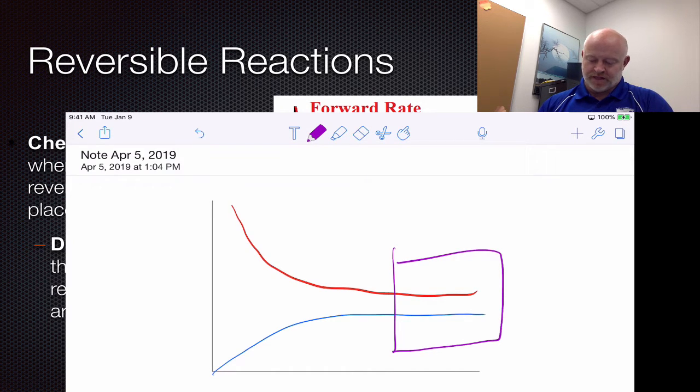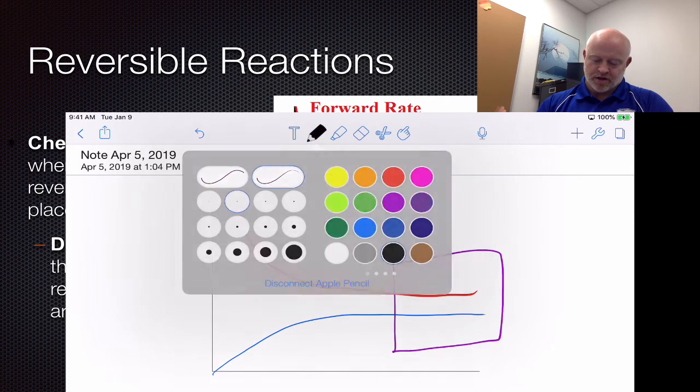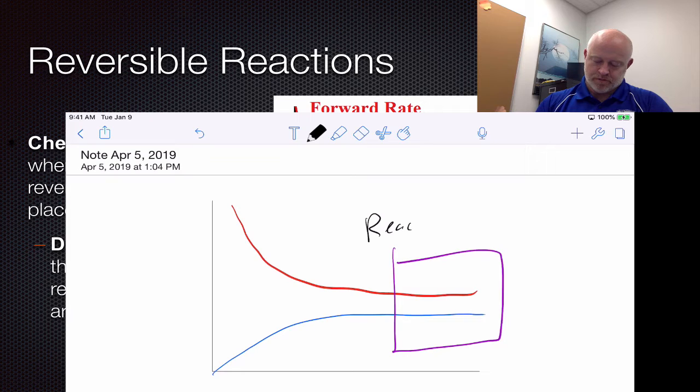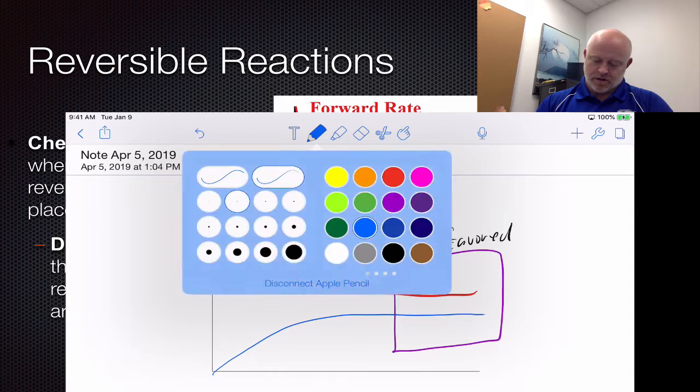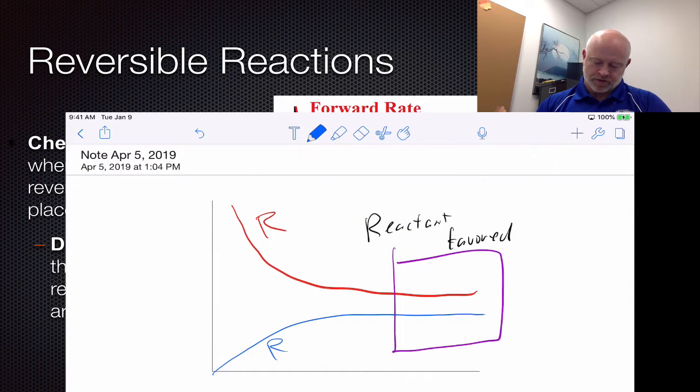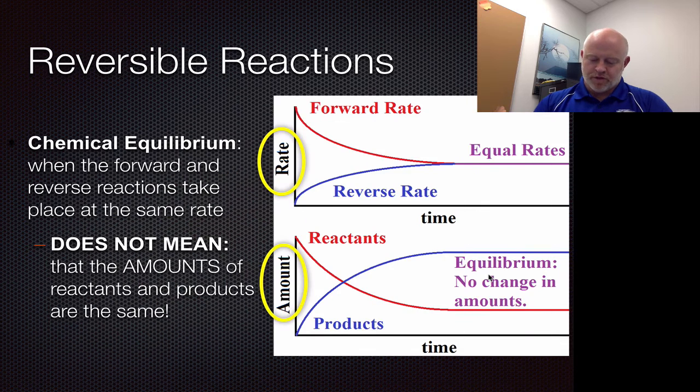Our rate would be the same, but again, in this case, we would be reactant favored, because our reactants, which is represented by the red, is more than our products. Products here. Okay? So we want to make sure that we're aware that the rates become equal, not the amounts, as we do this.